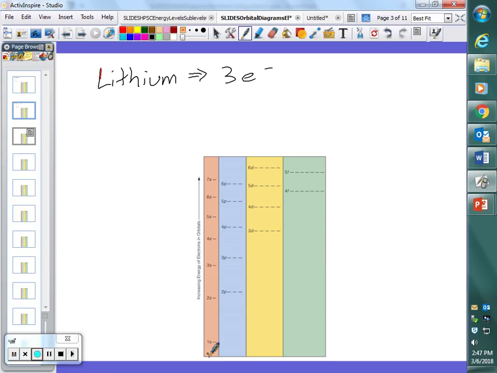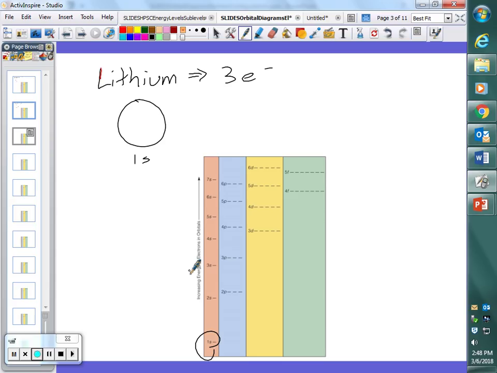Using this chart, what's the lowest energy orbital we run into? 1s. So this time, I'll draw a circle just to show you that they can be either one. It really doesn't matter whether we draw the line or the box or the circle. This circle represents an orbital. Which orbital is this circle going to represent in this case? The 1s orbital. So I'm going to write 1s underneath it.